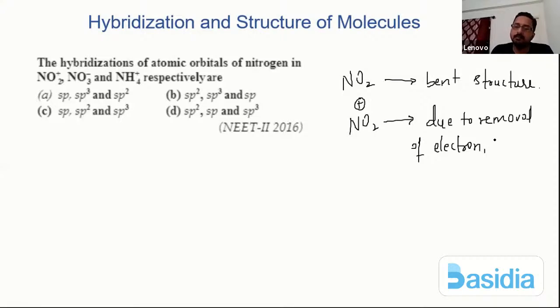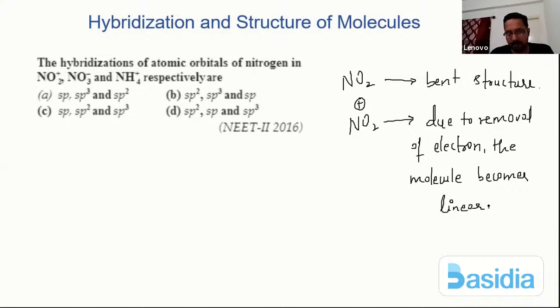But in case of NO2 plus, due to loss of the electron, the molecule becomes linear. So please make a note of it. Due to the loss of the electron, the molecule has become what now?